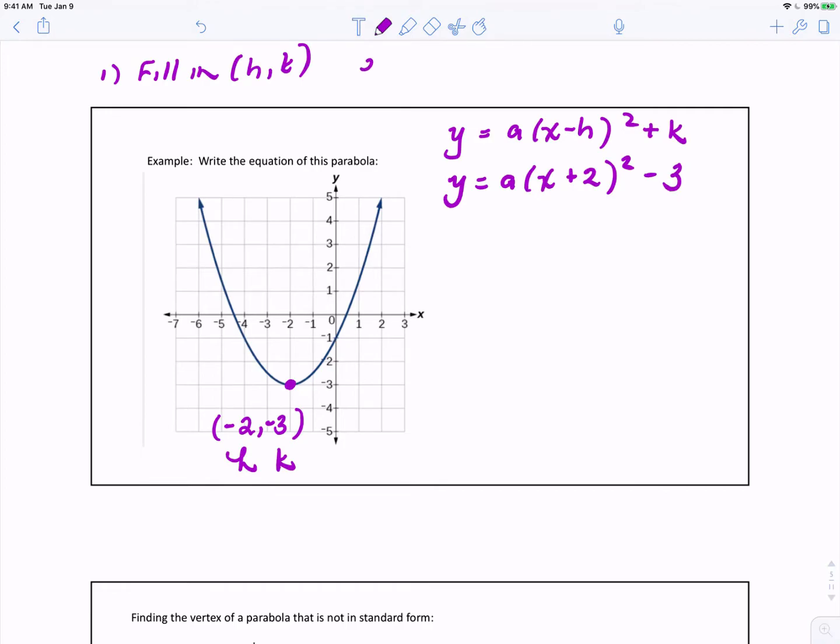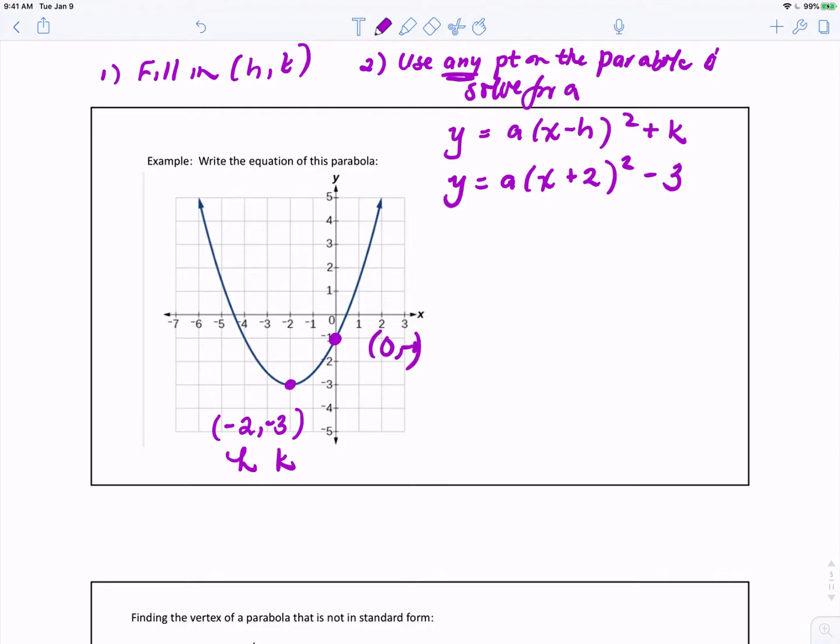The next thing we're going to do is use any point on the parabola to solve for a. I'm going to pick this point right here on the parabola, the point (0, -1).